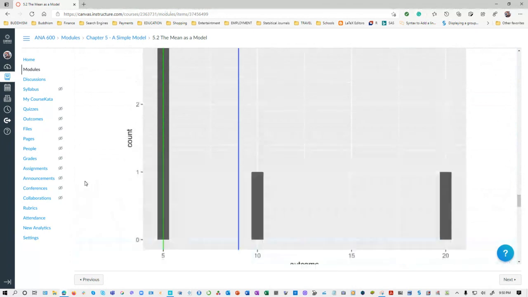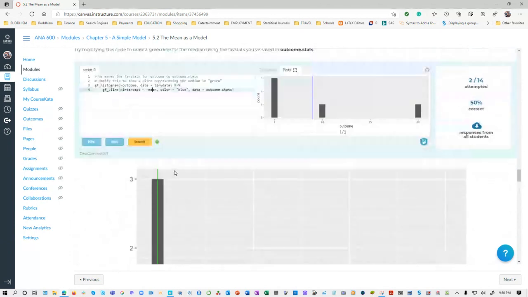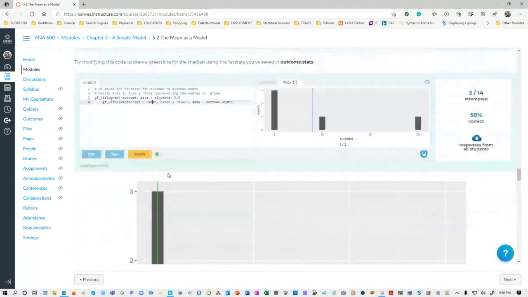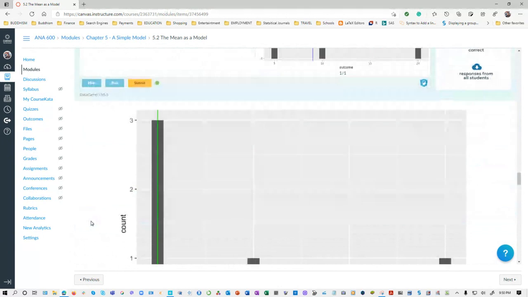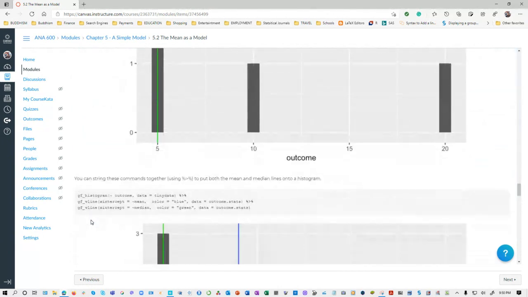Something else we're going to add. You can string these commands together using the vertical line command. You can see this command, tiny data, x-intercept median, then the green color, and blue for the mean. The other one is the median.